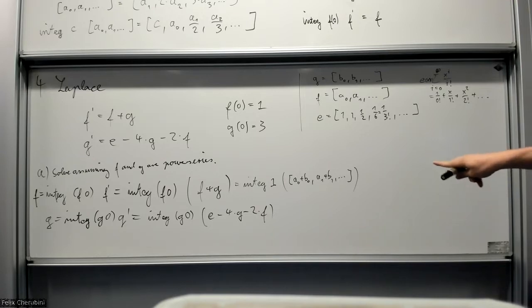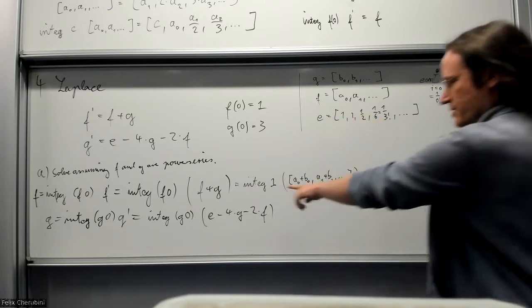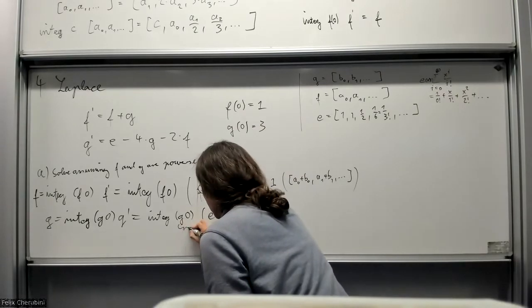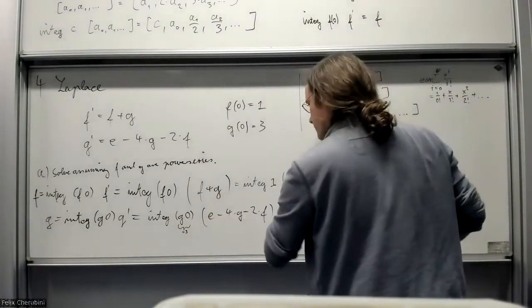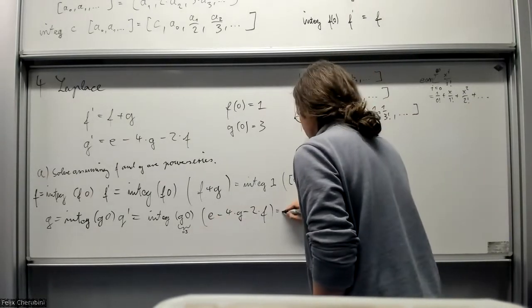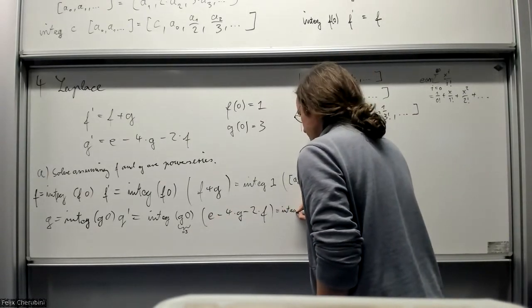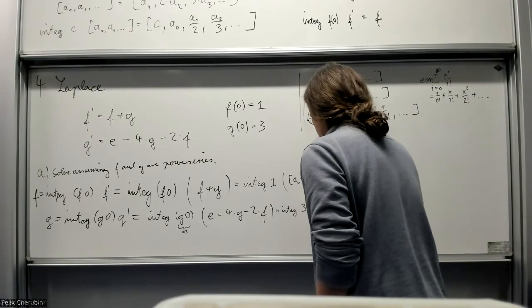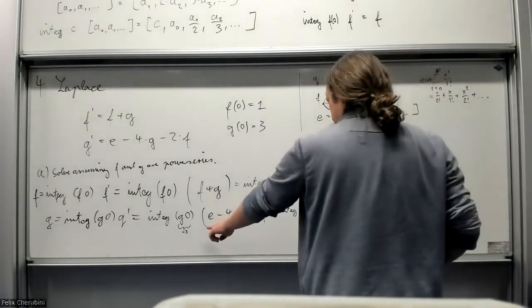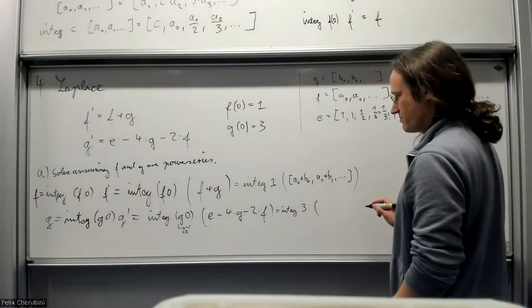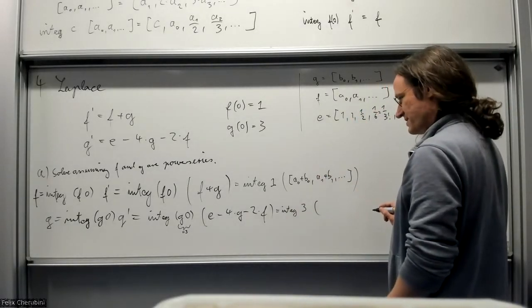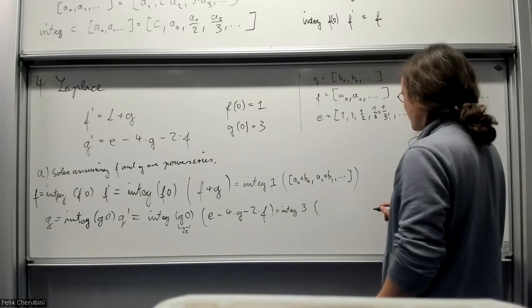Yeah, so we could just plug in everything. We also know G of 0 is 3. And yeah, maybe let's just do this list in one go. 3 and so is it really good to do it like this? I don't know.